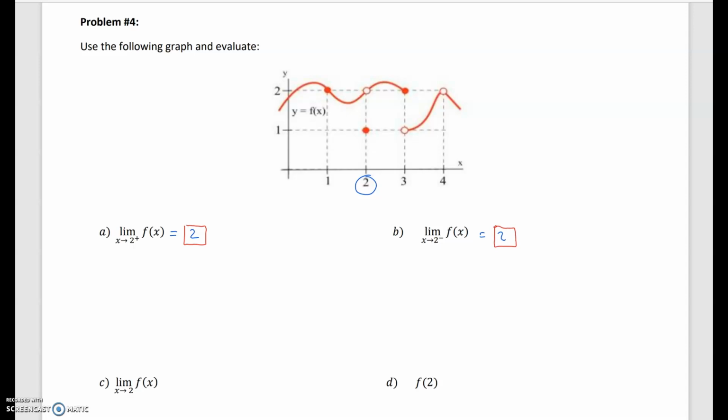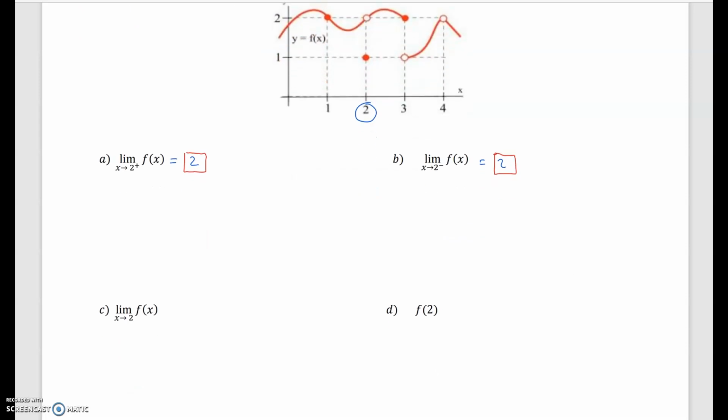Okay, now the next one is the limit as x approaches 2. And notice that coming from the positives and the negatives, as it approaches 2, your function gets extremely close in both directions to 2. So in this case, we would say that the limit is defined at 2.